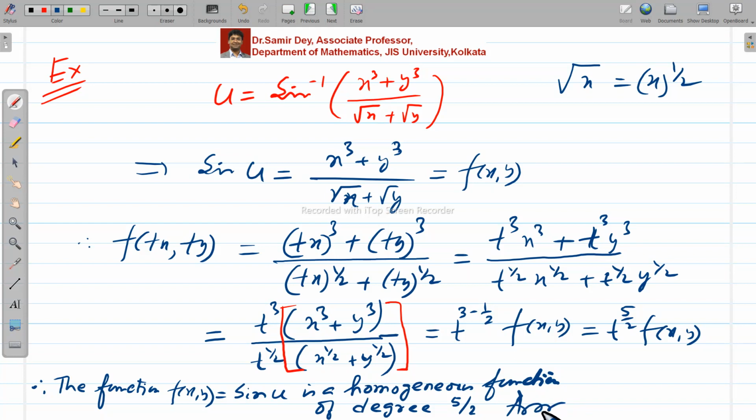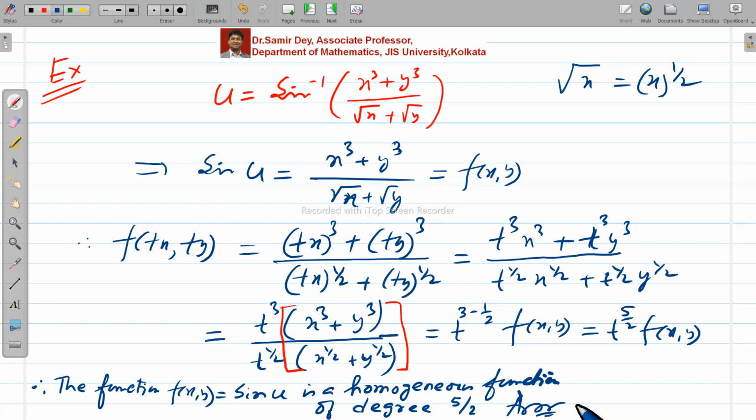Clear? I think it is clear to all of you how to test whether it is homogeneous or not. Clear? Okay.